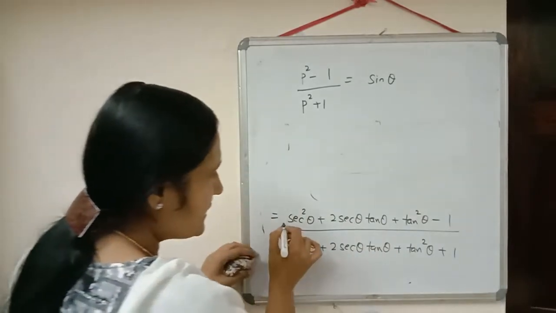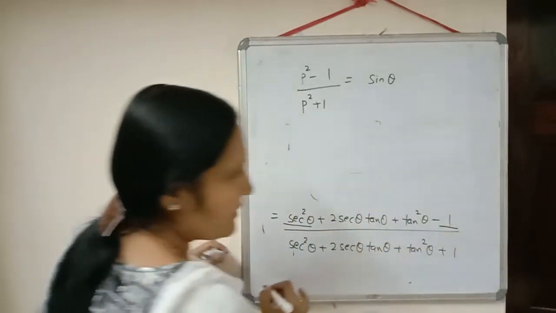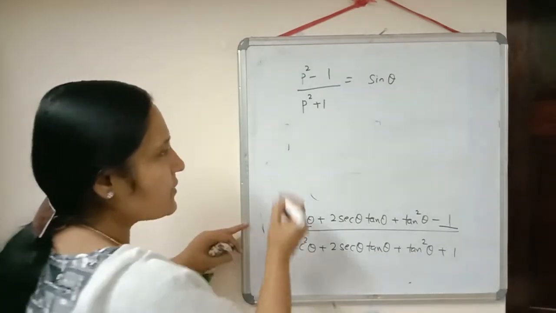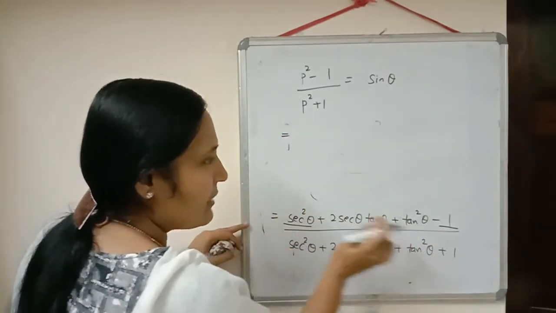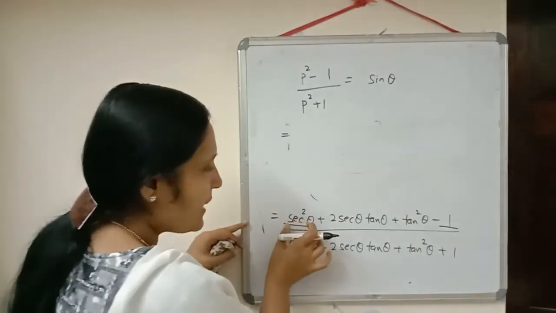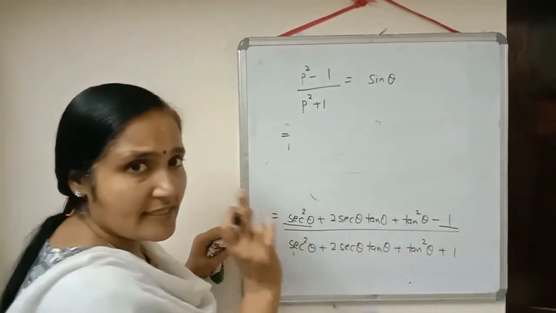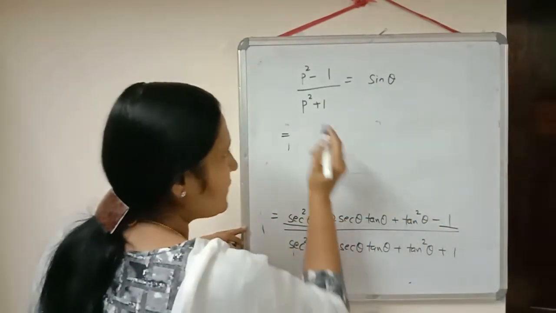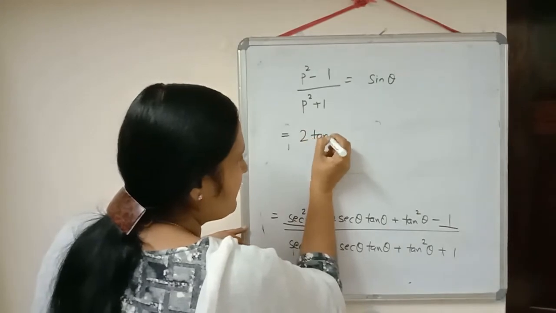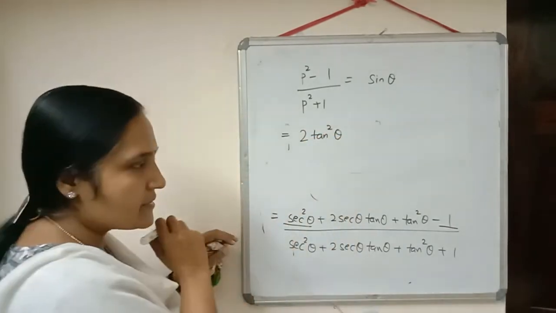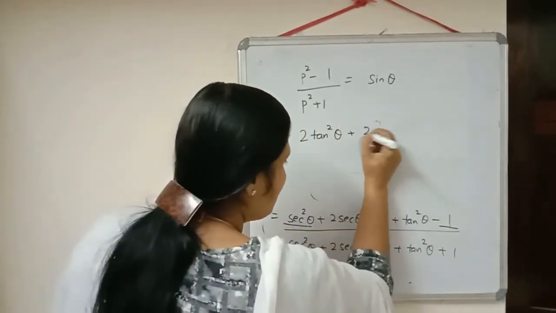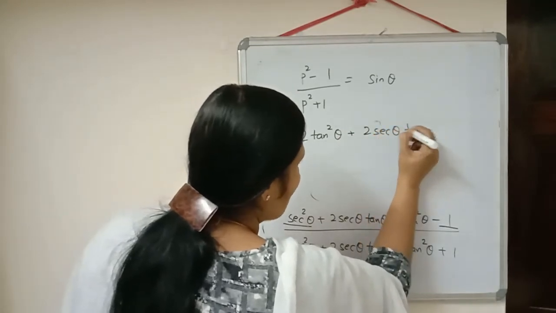What will come? Sec square theta minus 1, that is equal to tan square theta. So already we have one more tan square theta we have. Sec square theta minus 1 is tan square theta. So tan square theta plus tan square theta will be equal to 2 tan square theta plus 2 sec theta tan theta is already there.